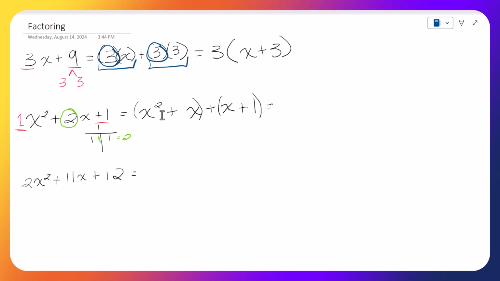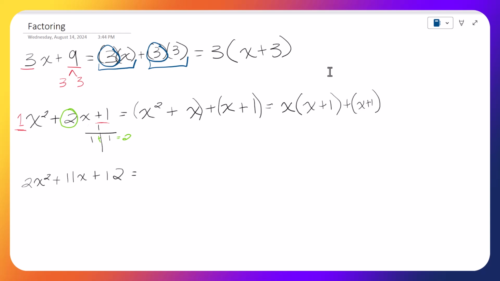And we're going to do the same principle that we did on this first one. x squared and x, their greatest common factor is just x, so that means I can pull an x out, and we have x times x plus 1, because x times x is x squared, x times 1 is x, and then just plus x plus 1.